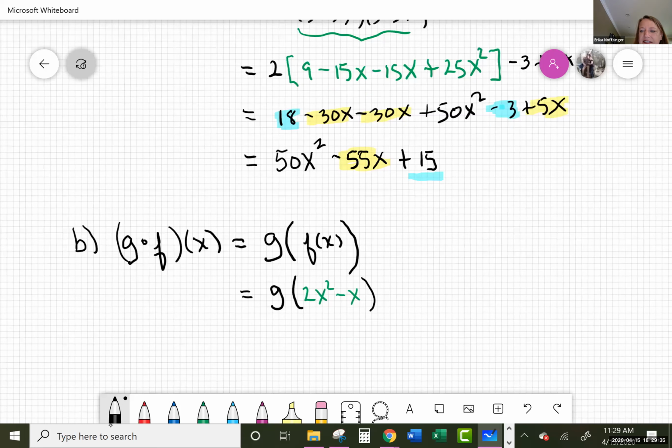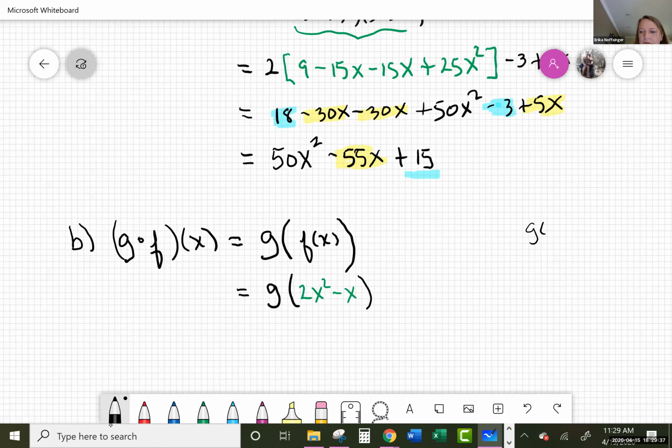And g of x was 3 minus 5x. So really what this is saying is, we're going into our equation of g of x, and wherever we see an x there, we're replacing it with f of x, which is that expression 2x squared minus x.